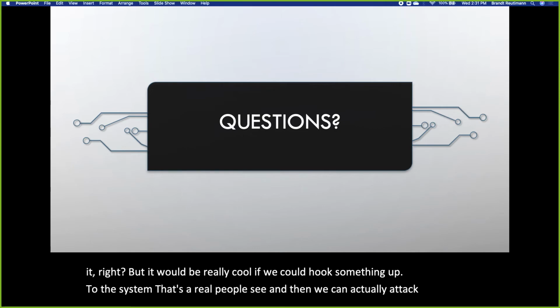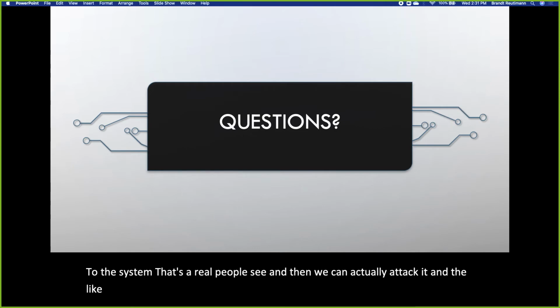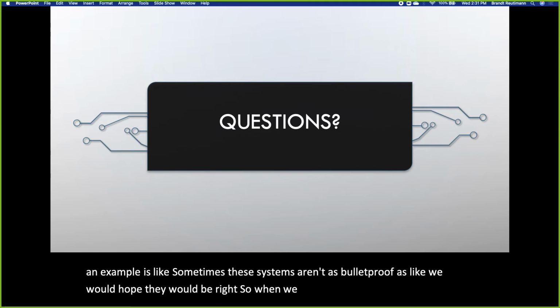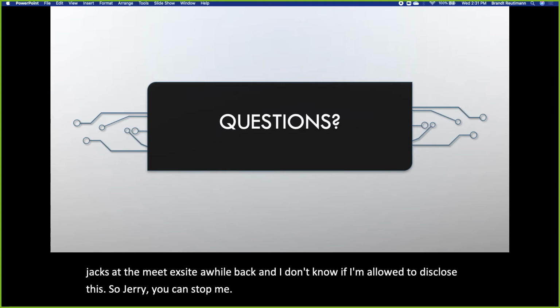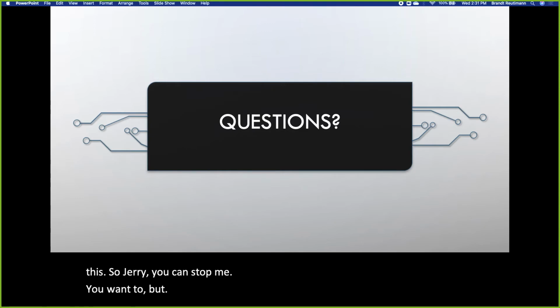An example is that sometimes these systems aren't as bulletproof as we would hope. When we were playing around with the LabJacks at the METEC site a while back, and I don't know if I'm allowed to disclose this, so Jerry, you can stop me, they had a legacy HTTP server on these LabJack devices.